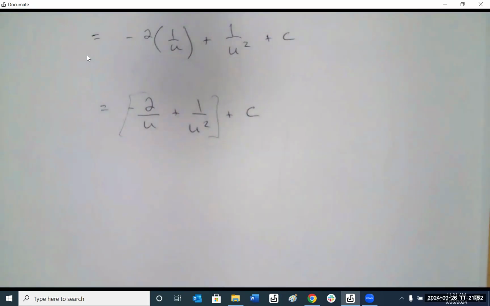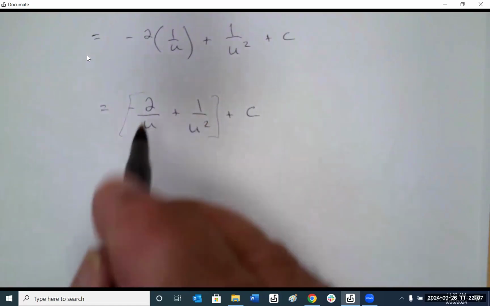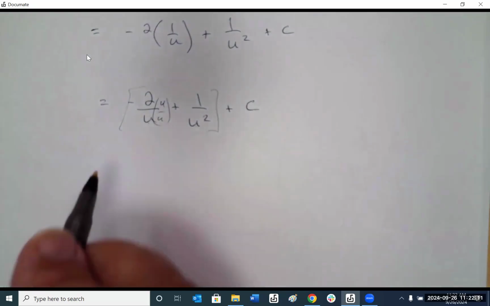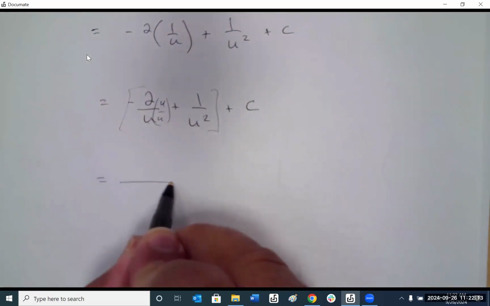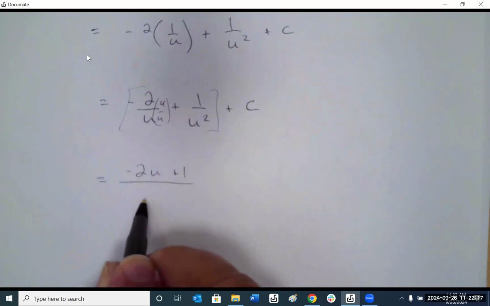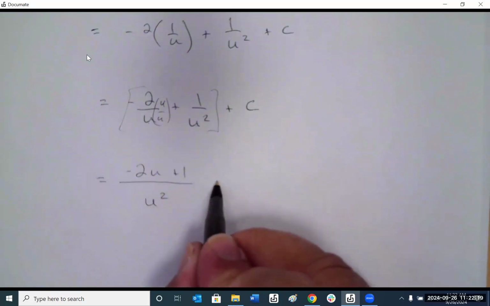Put these together, how? Combine like terms, what do you need? That's u squared, that's u, so I need a u over u. So I have -2u plus 1 over u squared.